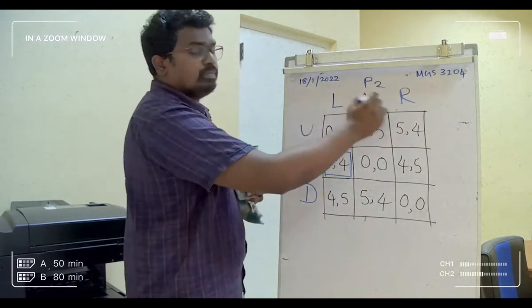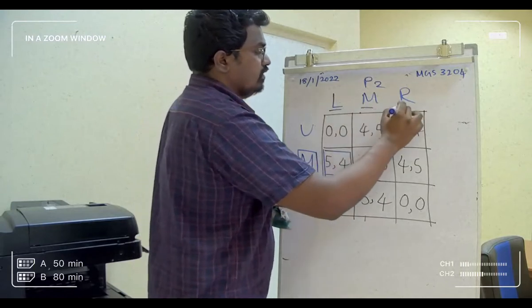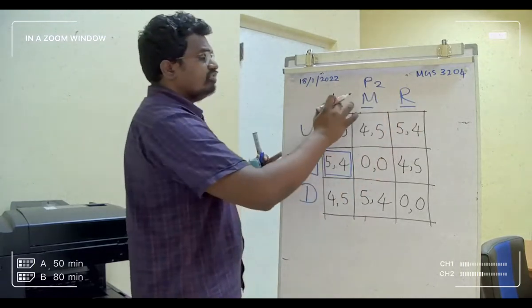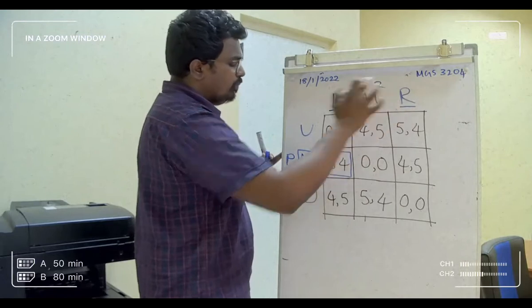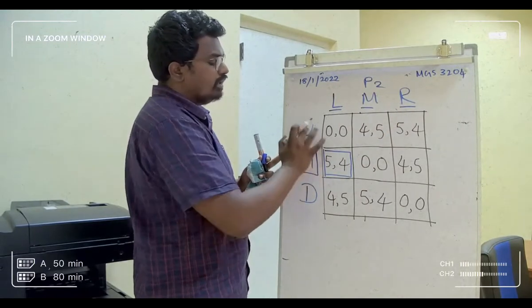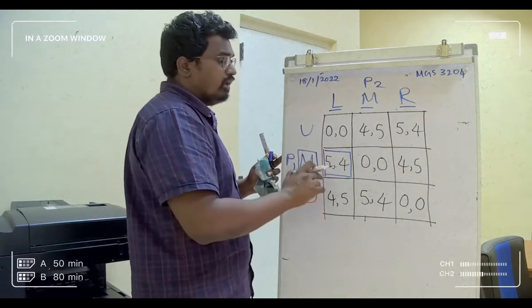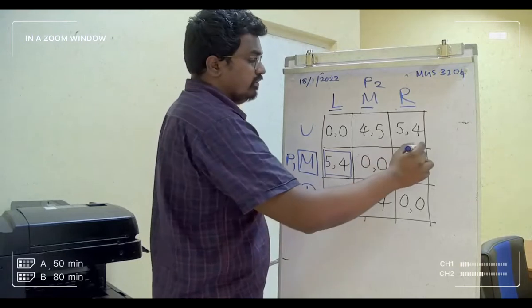Now, how many choices does player 2 have? 3 choices: left, middle, and right. Player 1 plays middle and will not deviate to any other option here, because that player played middle. And knowing that, player 2 has to select from these 3 options, isn't it?